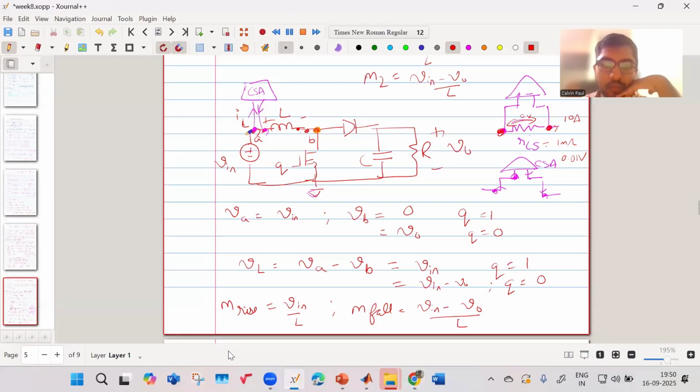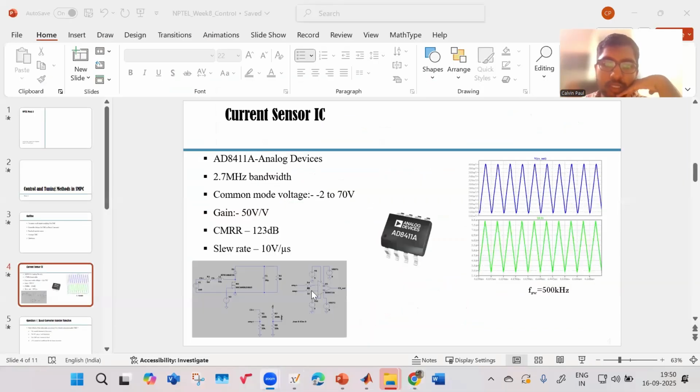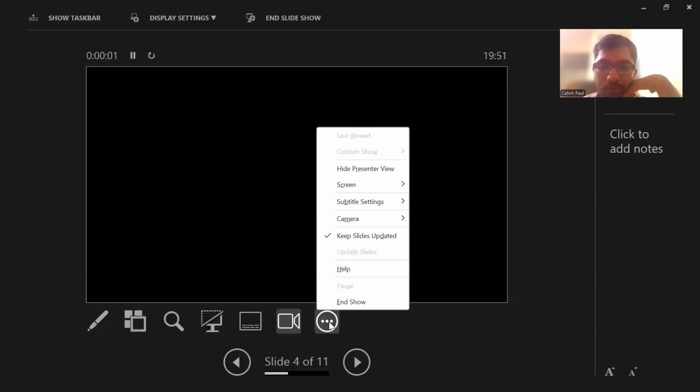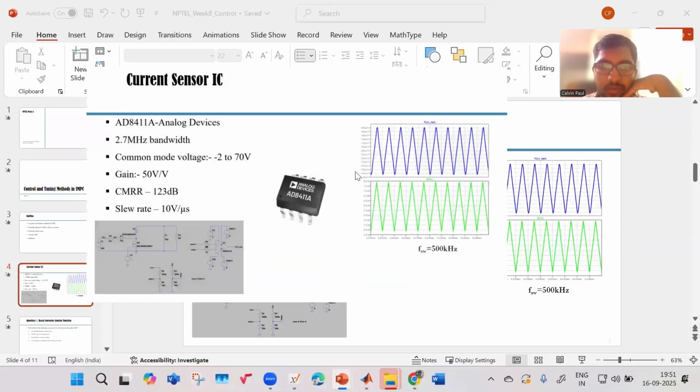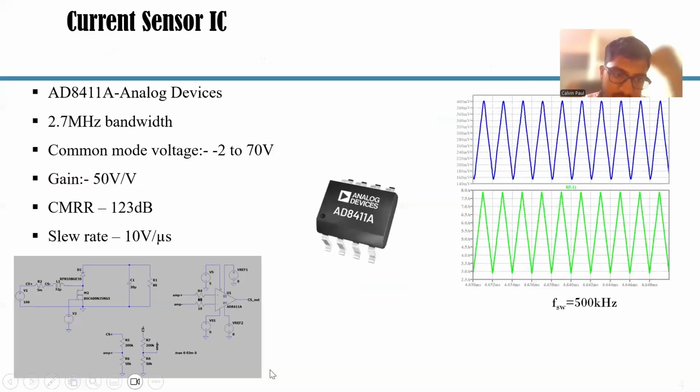Also, we can do what is known as the SPICE simulation of that as well. Like here I had made the schematic in LTspice.